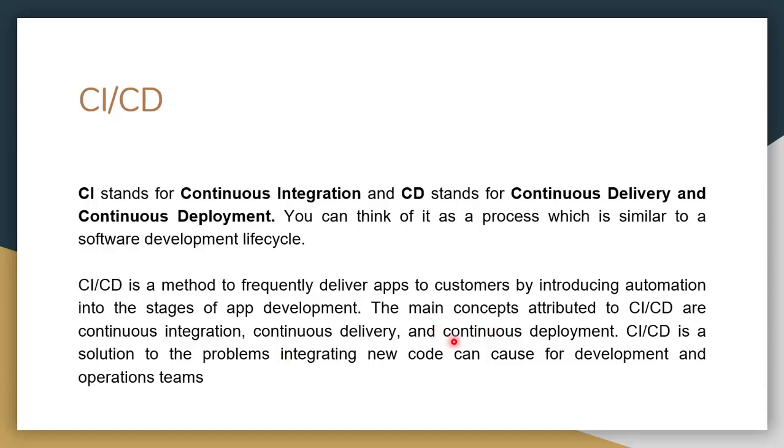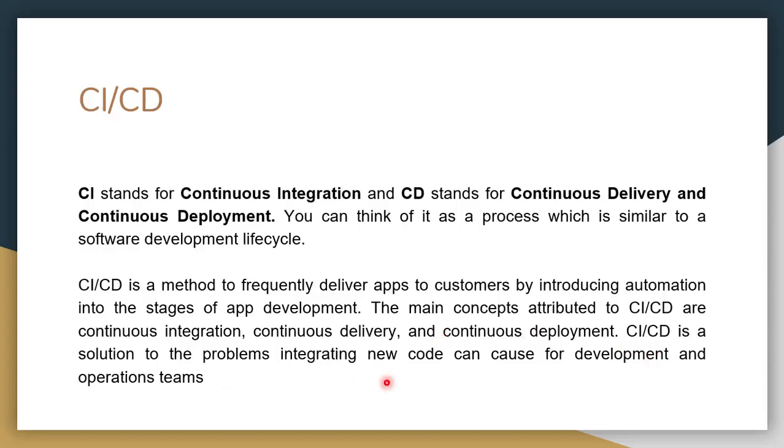So if we integrate continuously, that process is going to become less difficult. We'll be able to actually smoke test integration and smoke out problems sooner. Continuous delivery will allow us to validate that the product we built is running correctly in the runtime environment, and then continuous deployment allows us to deploy to staging environments, pre-production environments, and also the production environments.